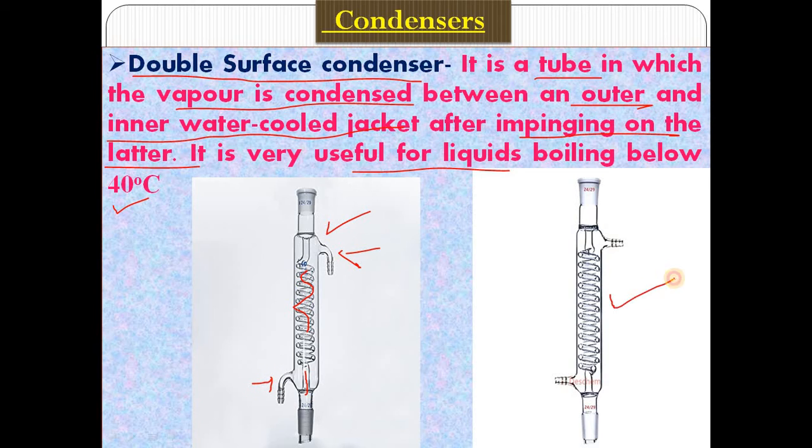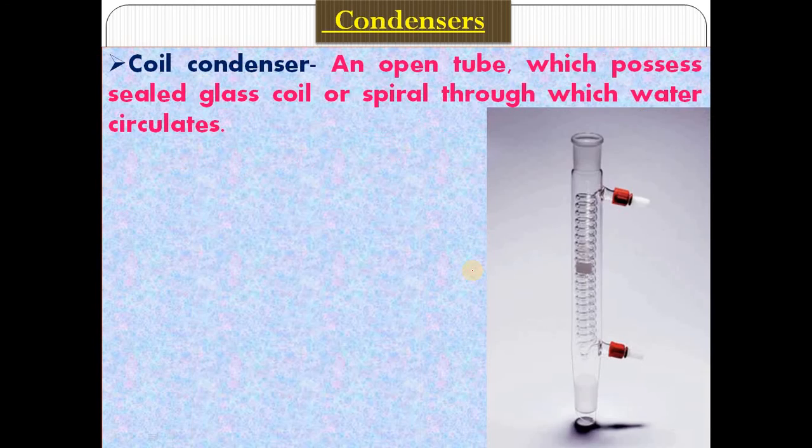This is another diagram for simplification. So when the boiling point of the liquid is below 40 degrees Celsius, that is, very volatile liquids, double surface condensers are used.